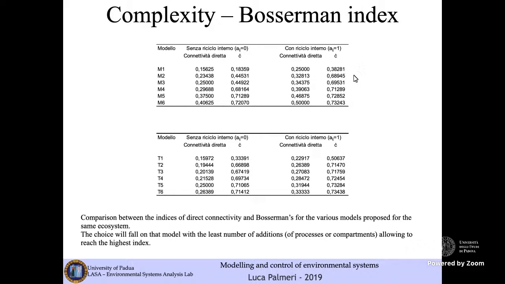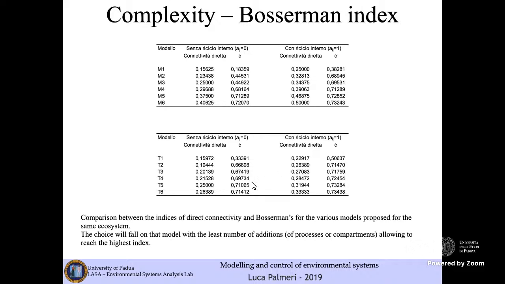This means that if I increase the complexity of my model going from model M1 to model M2, it is significant, interesting. If going from M2 to M3, I'm not increasing the recycling very much, so maybe I should stay on model M2, but passing from model M2 to model M5, I have a significant increase of recycling.